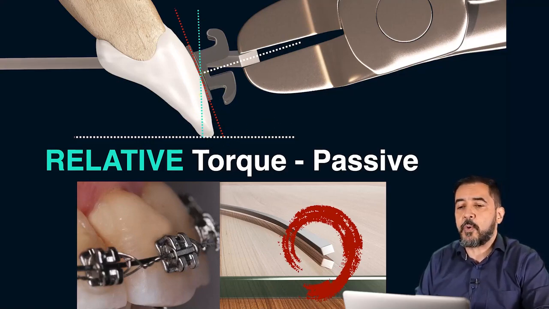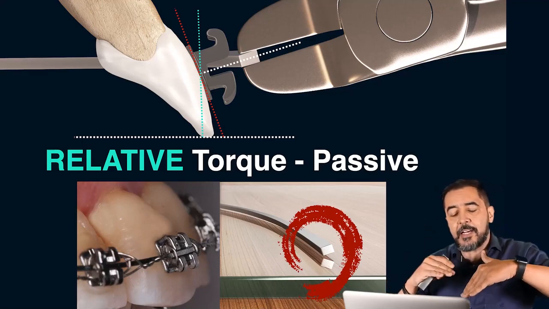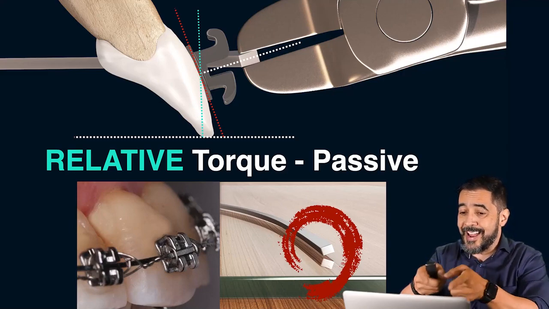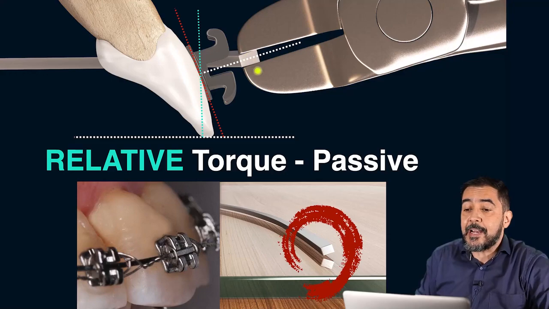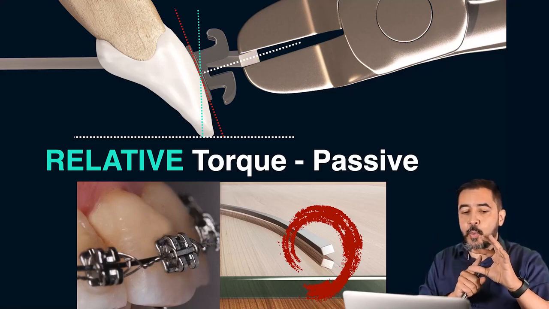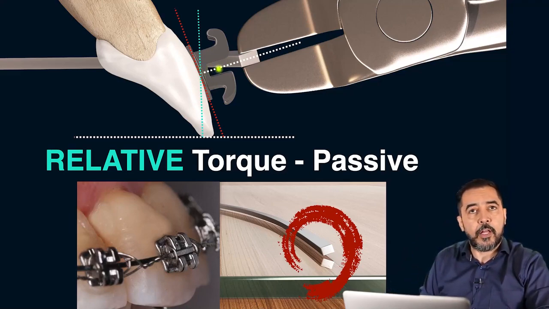In this case, we have an inclination of the crown and an inclination of the slot which are the same, because we are using edgewise in this example. And now we have the inclination of the transverse section of the rectangular arch wire. It's equal to the inclination of the slot.